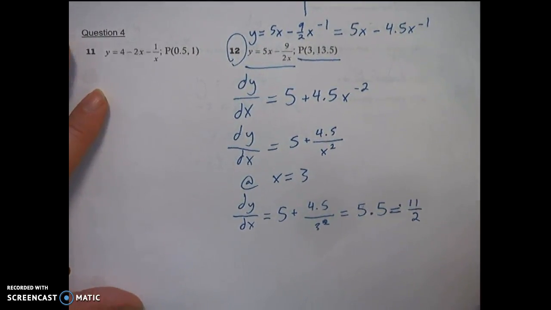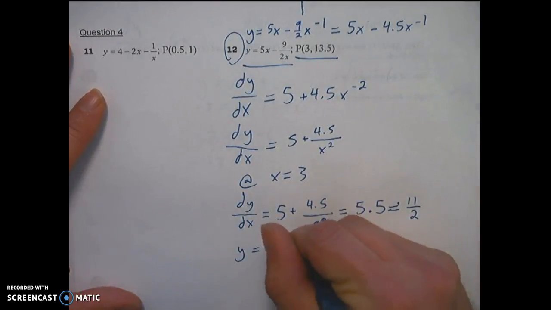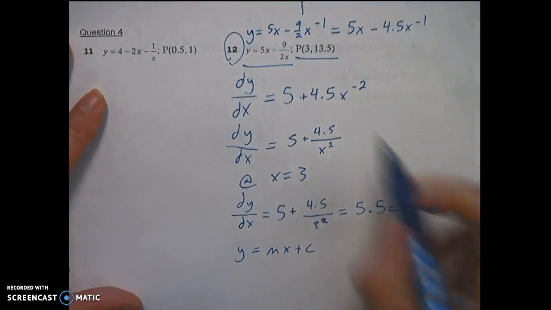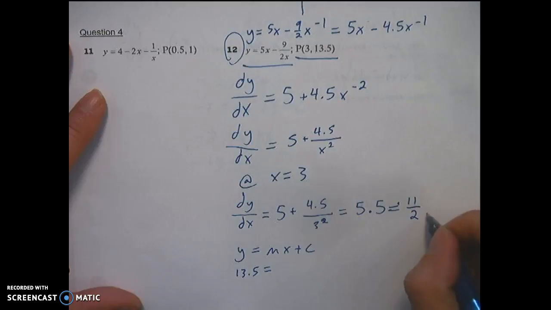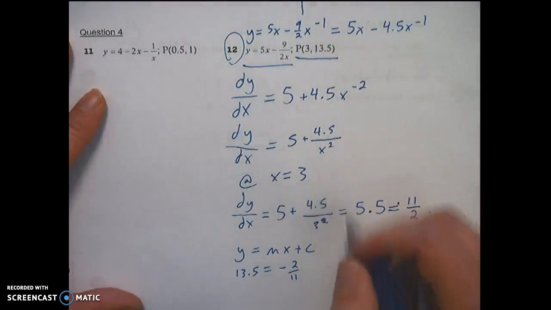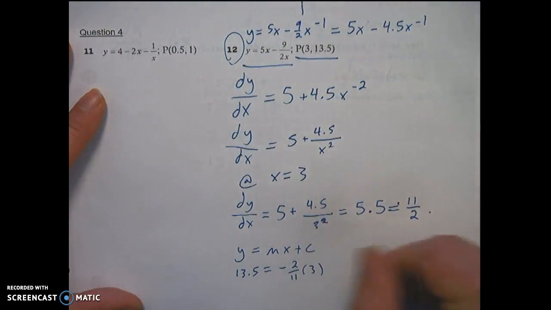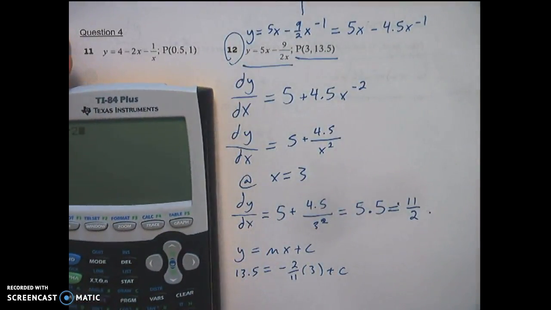So I'm ready to write the equation now. I've got y equals mx plus c. I've got a y, it's 13.5. I've got an m, it's the negative reciprocal of this since I'm looking for the normal, negative 2 over 11. I've got an x, which is 3, and I've got a plus c. Negative 2 over 11 times 3 is negative 6 over 11.